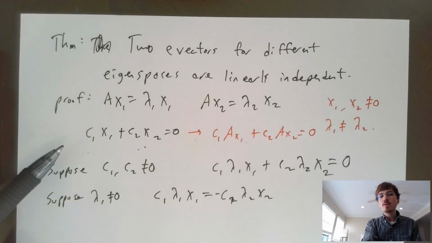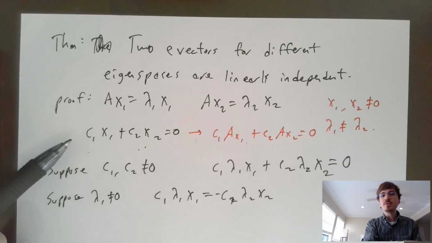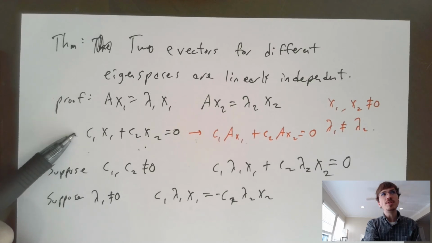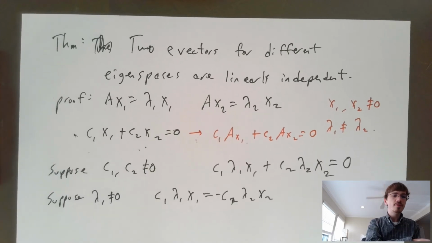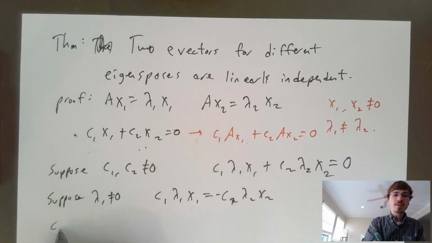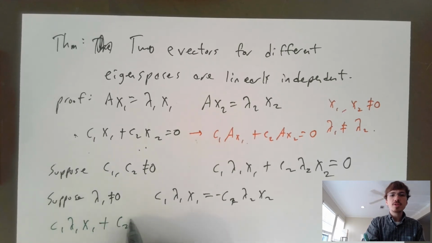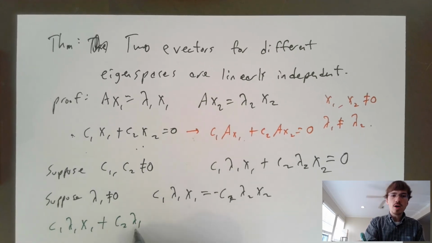And now, because lambda 1 is not 0, let's multiply our original equation by the non-zero constant lambda 1. So we have that c1 lambda 1 x1 plus c2 lambda 1 x2 is equal to 0.